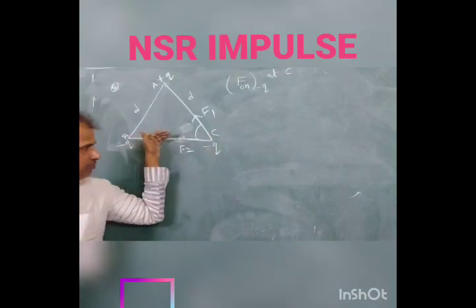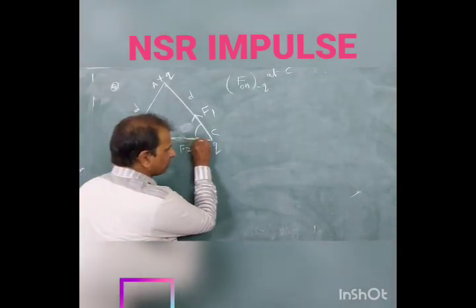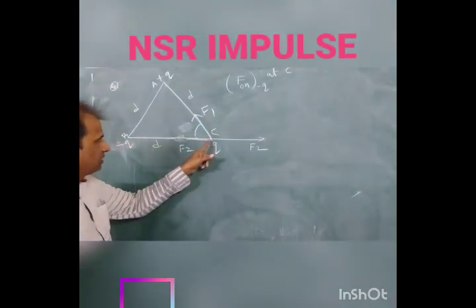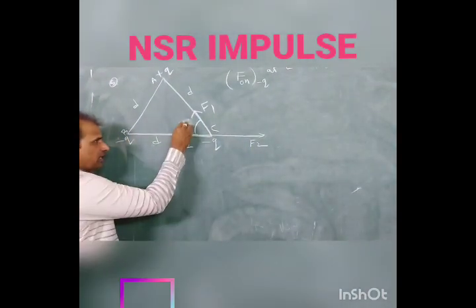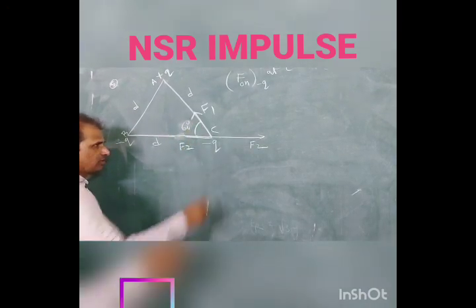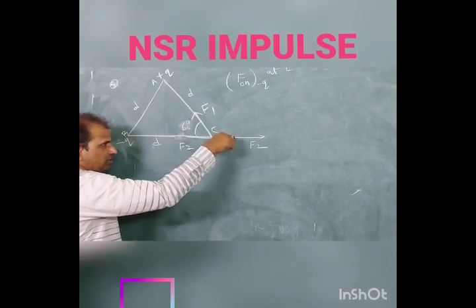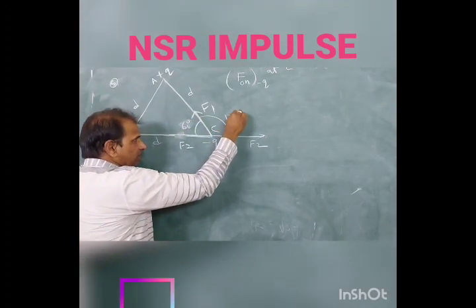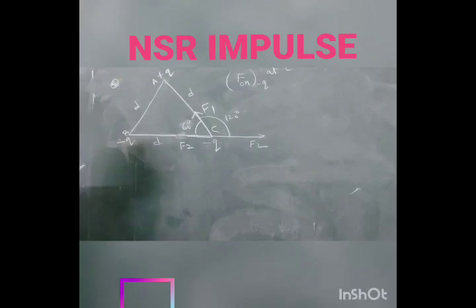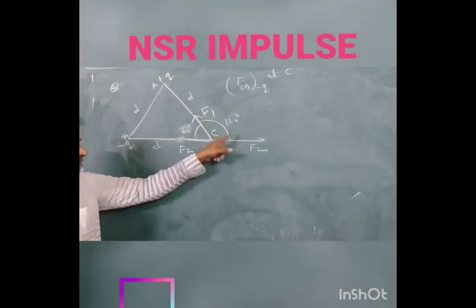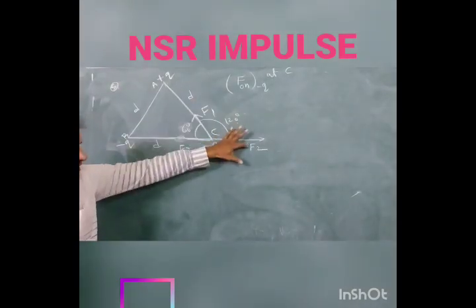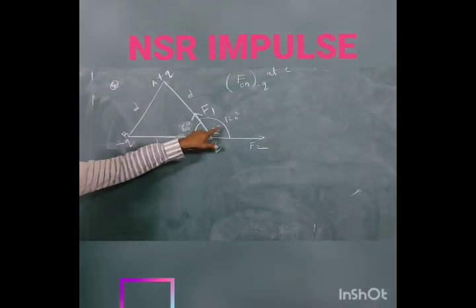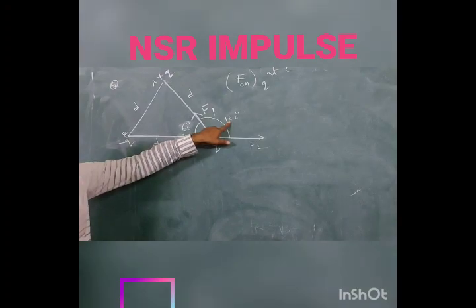This negative charge experiences a force like this. This is F2 and this is F1. This angle, you know, is 60. This is a straight line. The total angle is 180, and 60 is gone. What is this angle? 120 degrees. So F1 and F2 are the two forces acting on the negative charge, at a 120 degree angle.